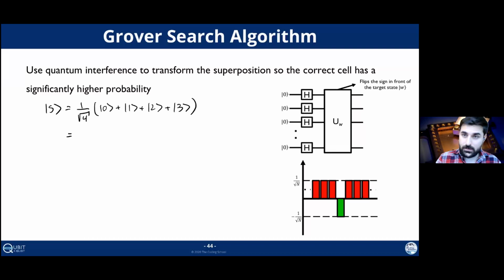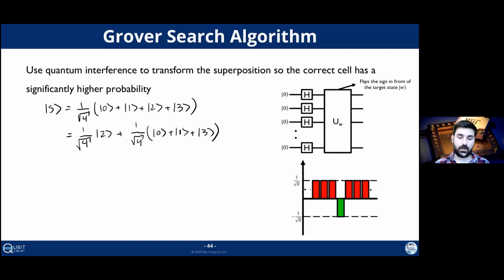So I can write this as 1 divided by square root of 4 times the 2 state, plus, of course, everything else: 1 divided by square root of 4 times 0 plus 1 plus 3.